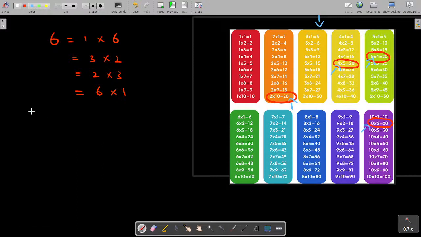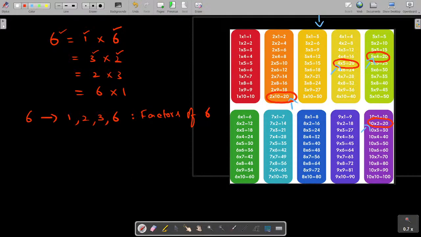So what are the factors of 6? 1, 2, 3, 4 or 5? No, 6. With the help of 6, you can multiply by 1 and get 6. With the help of 2, we can multiply by 3 and get 6. Likewise, these 4 values are called factors of 6.